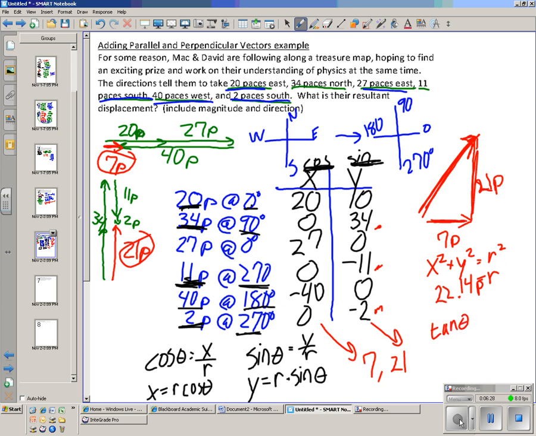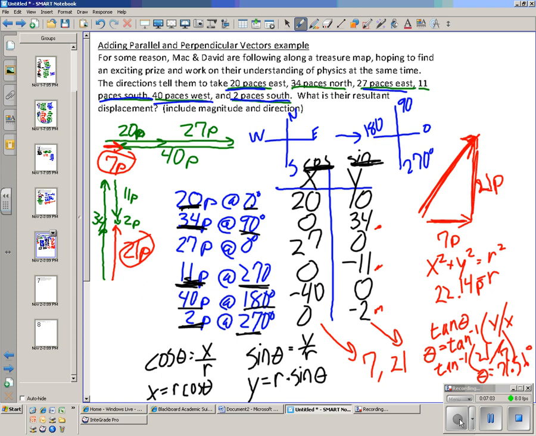But in this case, I want the arctangent, so that means theta equals arctangent, or tan to the minus 1, of y over x, or tan to the minus 1, 21 divided by 7. Tap that into my calculator, and my resultant angle would be 71.56 degrees.